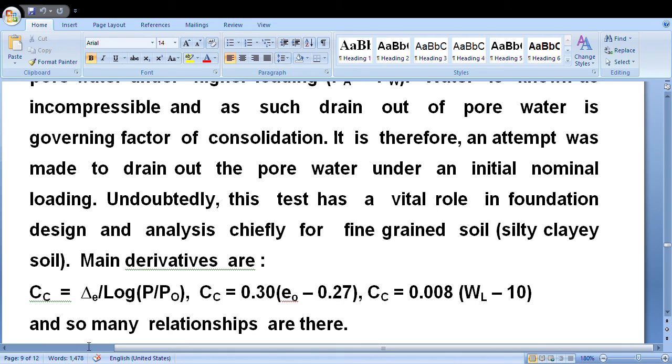The derivatives are these: compression index, change in void ratio divided by log of final pressure by initial pressure, which was also given from void ratio, as 0.3 times void ratio minus 0.30. It is also from liquid limit. So many relationships are there.